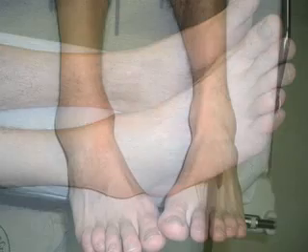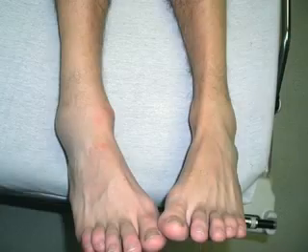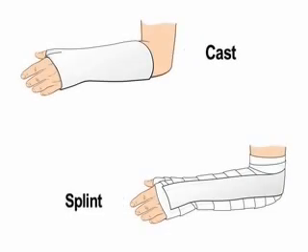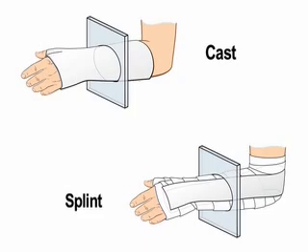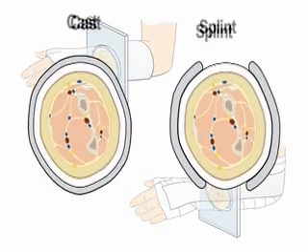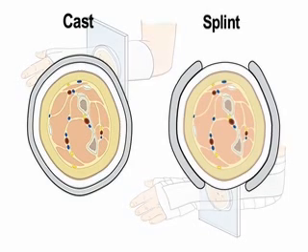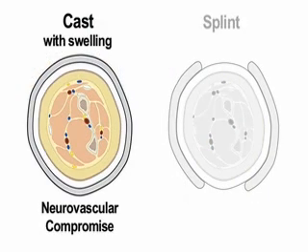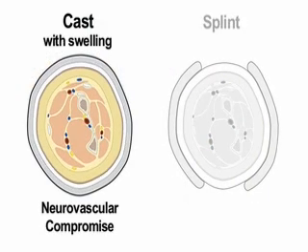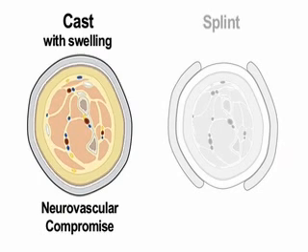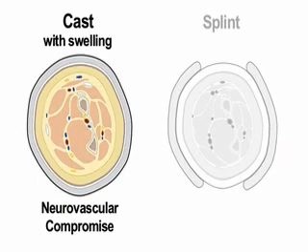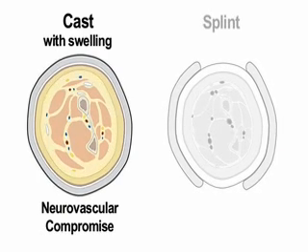While there are no absolute contraindications to applying a temporary splint to an injured extremity, there are some unique circumstances that must be considered. The natural swelling of an extremity that occurs in the initial phase of healing can lead to challenges in determining the safest method of immobilization. Circumferential casting of an extremity fracture is often avoided in the acute setting, as continued swelling can lead to neurovascular compromise inside a rigid cast.